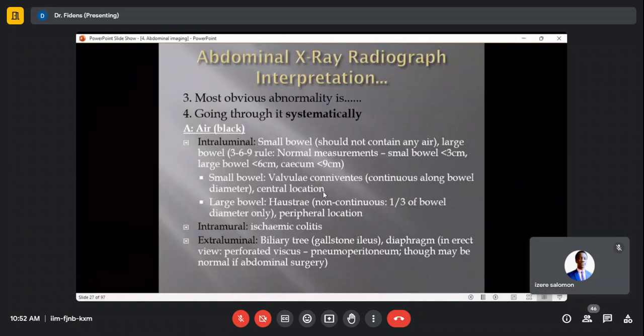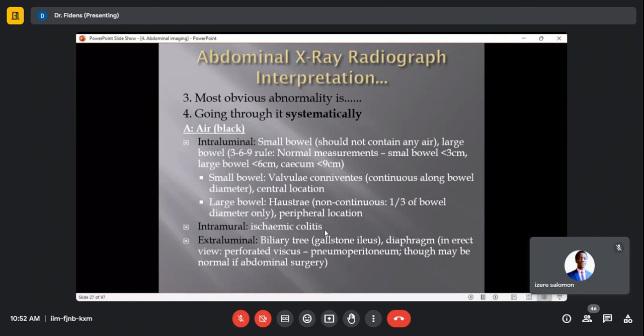And number two, they are trying to say something about the air in the abdomen. If you can see, for example, some air or gas in the wall, intramural, in the wall of the bowel, think of ischemic colitis, especially.